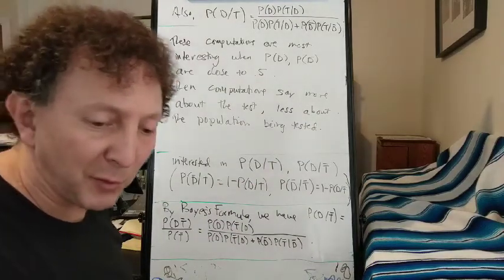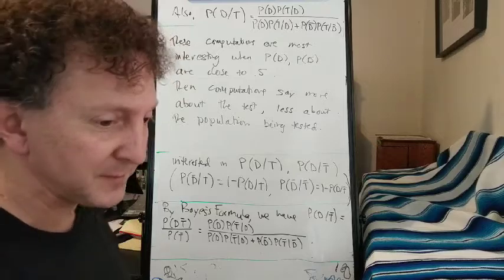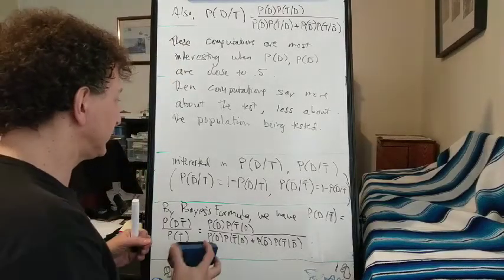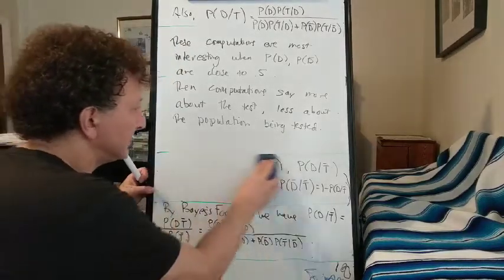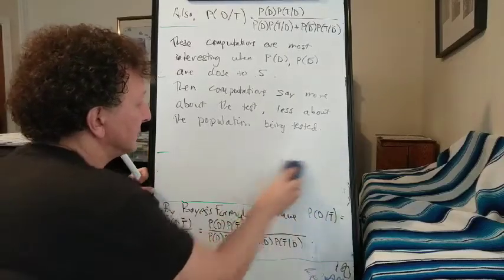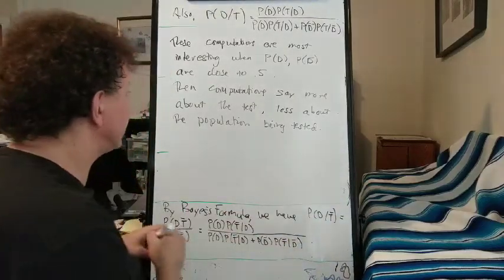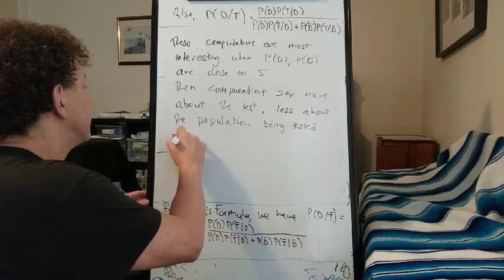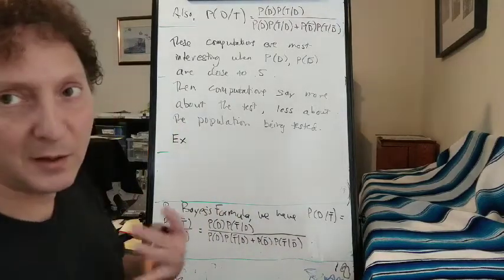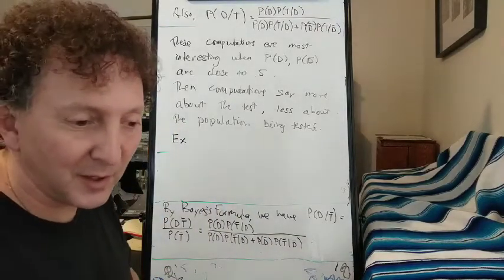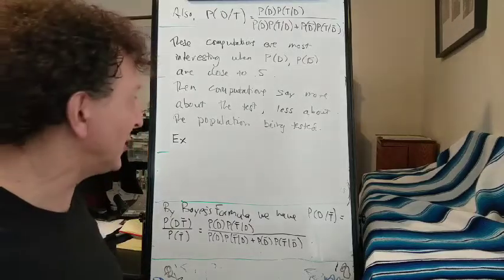So let's do some examples with numbers I got off the internet. And I'm not a medical doctor, so I don't know how accurate these numbers are, or even if I'm interpreting the numbers correctly that I got off the internet.